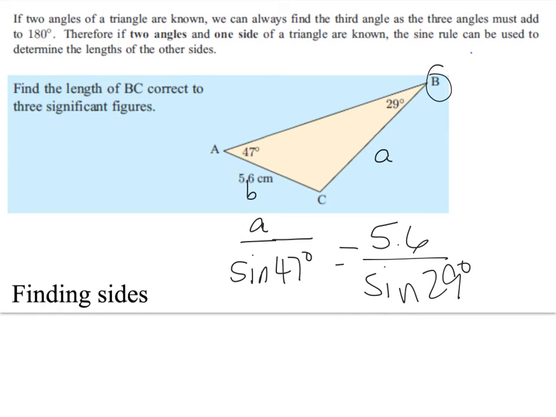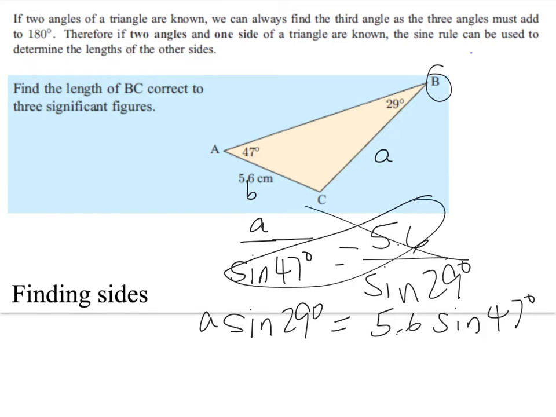And then we solve this by cross multiplying and dividing. So when we cross multiply, we get a times the sine of 29 degrees is equal to 5.6 times the sine of 47 degrees. And all I've done there is cross multiply.